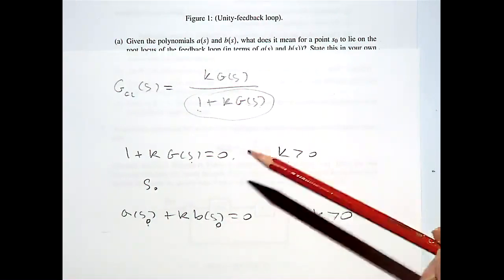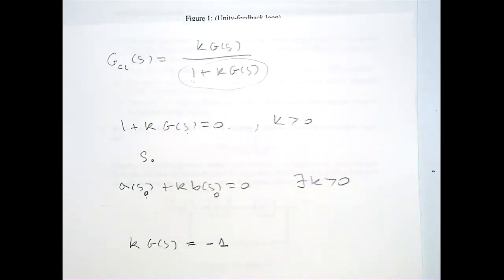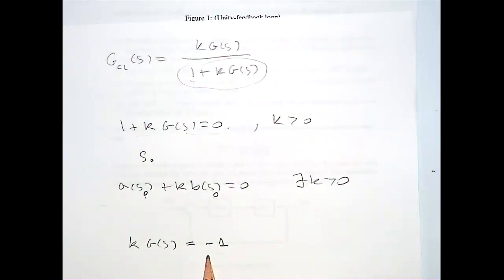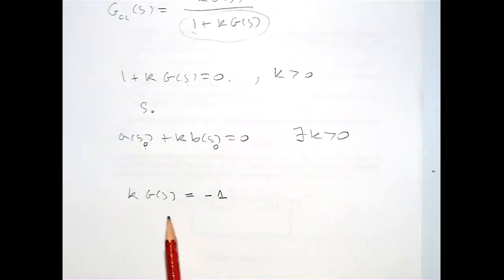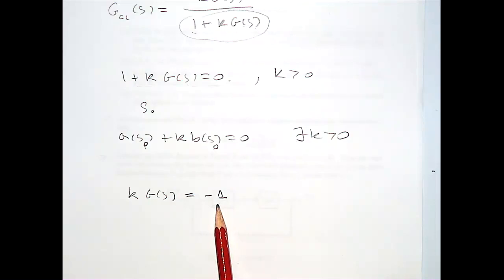I can rewrite it as K times G(s) is equal to -1. From here, I get that. Because what is on the left-hand side is exactly what's on the right-hand side, I can rewrite each side as magnitude times the expression of the phase. So what is the phase of -1?